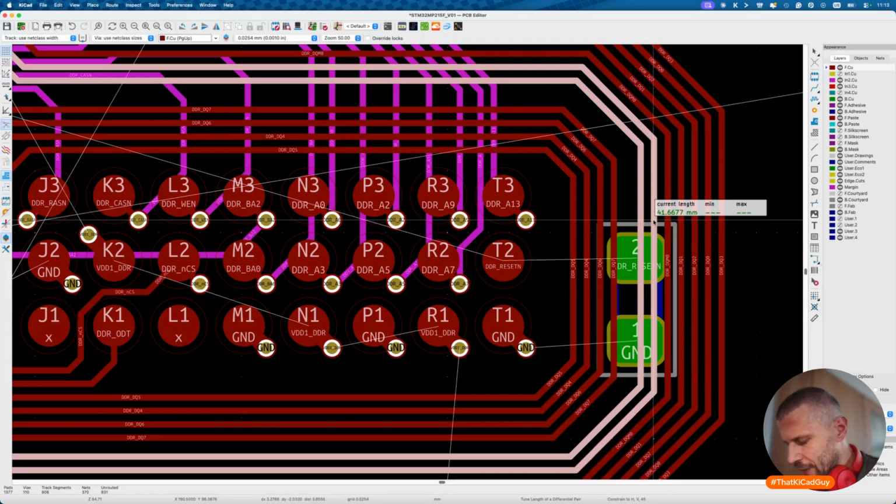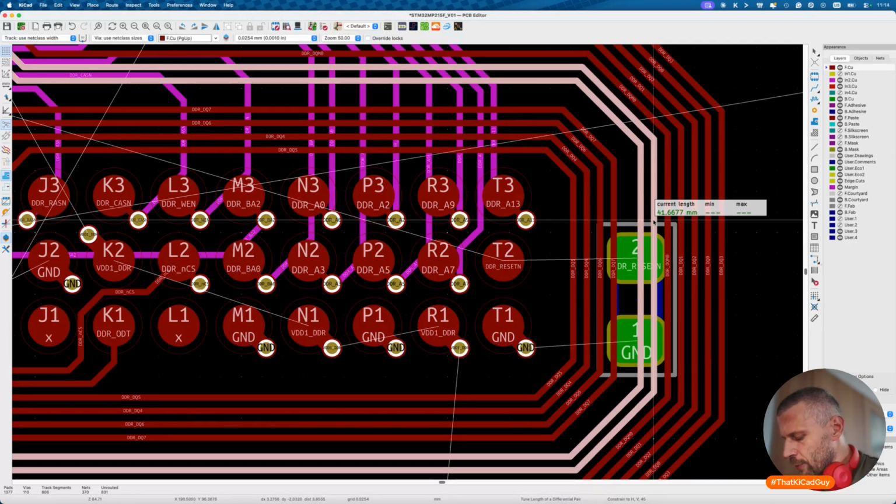Of course, we are in the middle of the range. So now we are 12.5. If we length match all the group signals, all the data 0 to data 7 to data strobe 1, data strobe 0, and D8 to D15 to data strobe 1, we will be within the band of 12.5 millimeter plus minus.